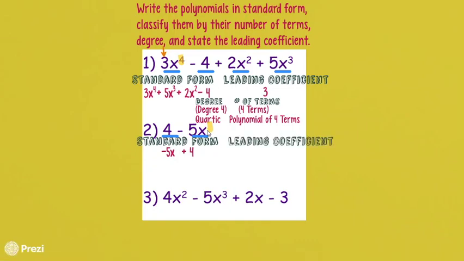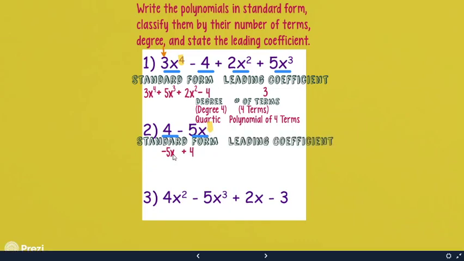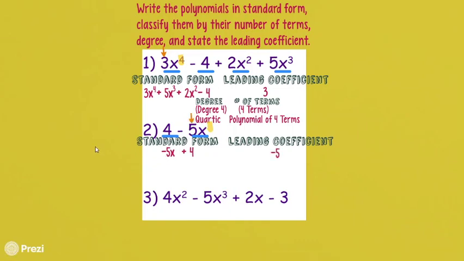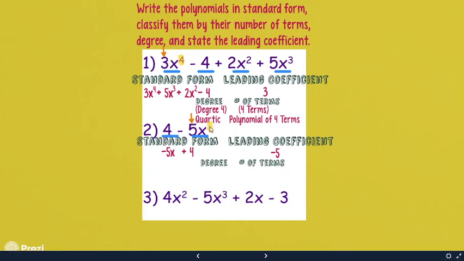Okay, and then the leading coefficient is the number at the very front of standard form, or the number in front of the term with the highest degree. So my leading coefficient is negative 5. Whoa, right? Okay, let's list the degree and number of terms. So my highest exponent, again, I don't see an exponent, so there secretly is a 1 there.